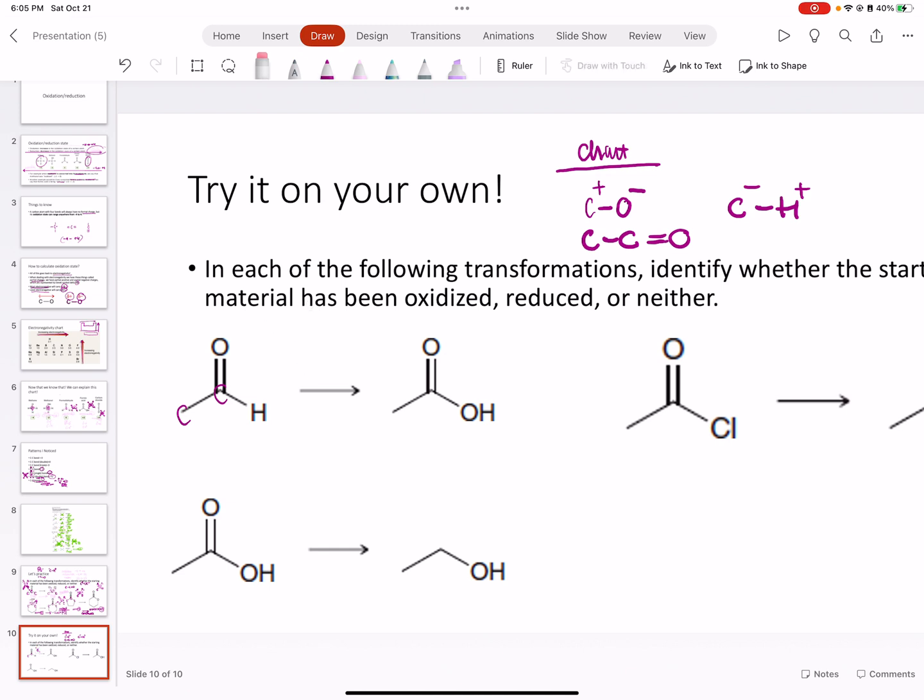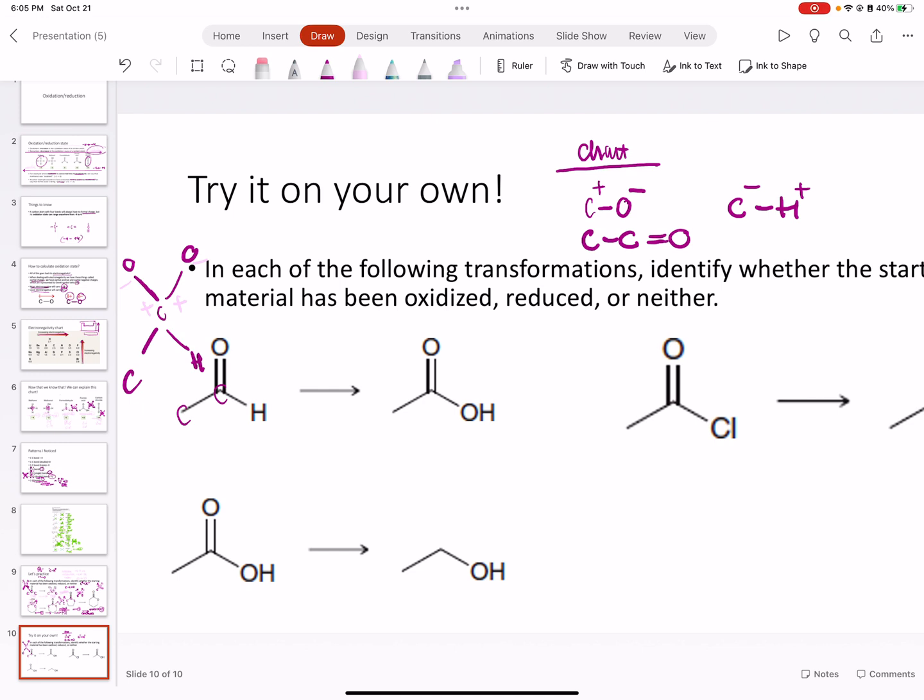Let me make this bigger. So then we have carbon, oxygen, oxygen, carbon, hydrogen. Okay, so carbon, oxygen, carbon carries that positive charge. Oxygen carries that negative charge.